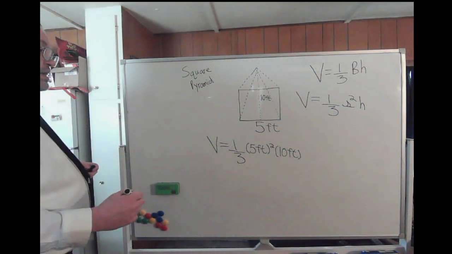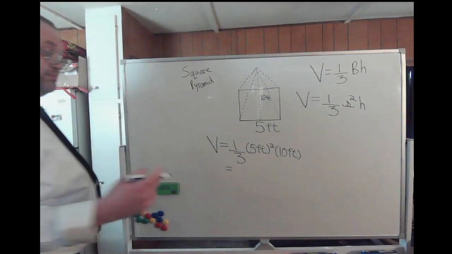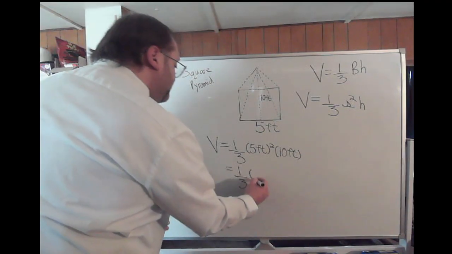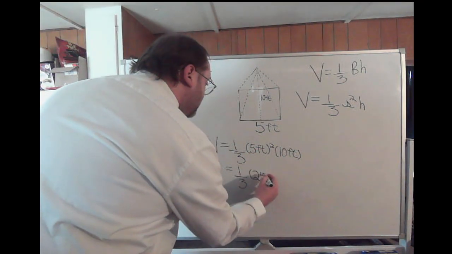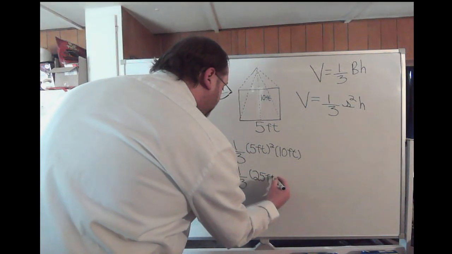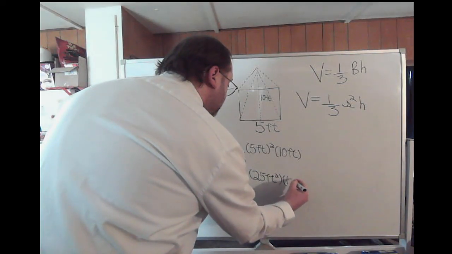Now, of course, the order of operations dictates that we do the exponent first, so you'll still have 1/3. But that 5 to the second power, that's 25. And then feet to the second power, well, that's feet squared, times the height of 10 feet.